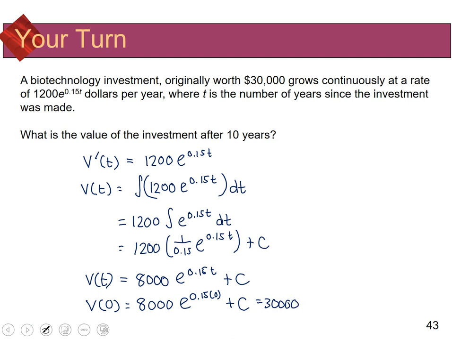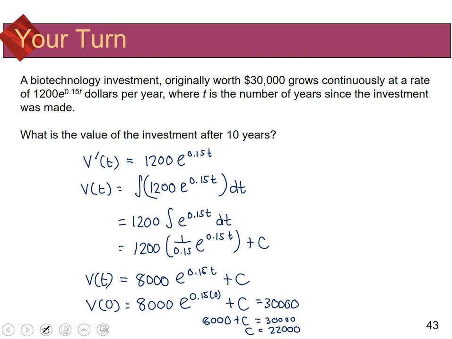Well, that means I have 8,000 plus c equaling 30,000, which means c is going to be 22,000. So c actually equals 22,000.